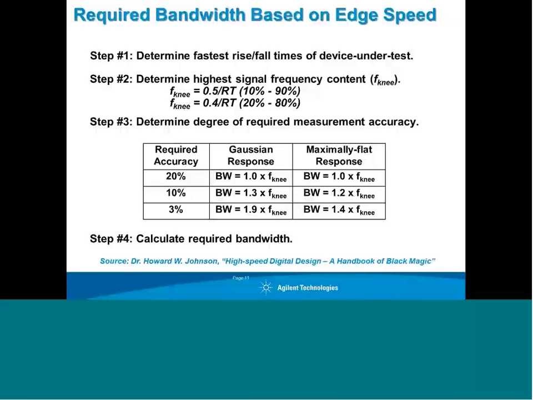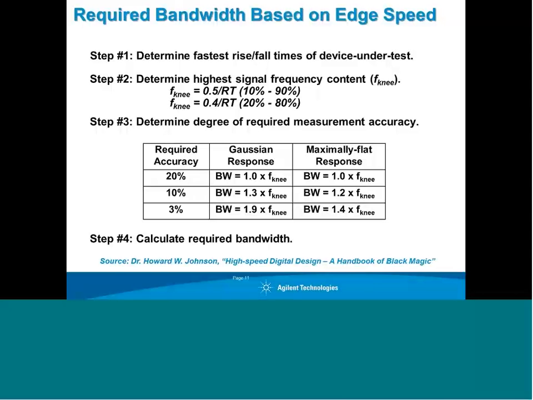More higher speed devices today typically specify rise times 20 to 80%. So let's say the rise time is specified 10 to 90. Then the knee frequency would be 0.5 divided by rise time.